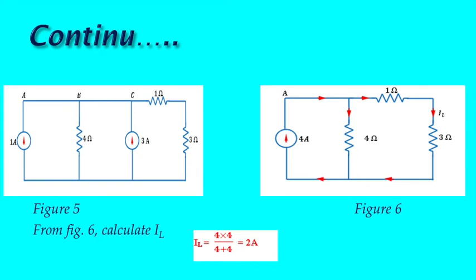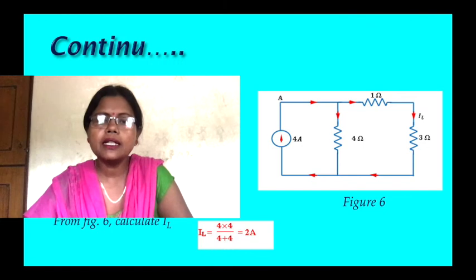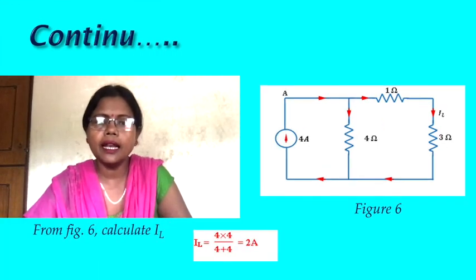So the total current through the node A is 4 ampere, which will be divided between the resistance 4 ohm and the 1 plus 3 ohm path as shown in figure 6. From figure 6, calculate IL.